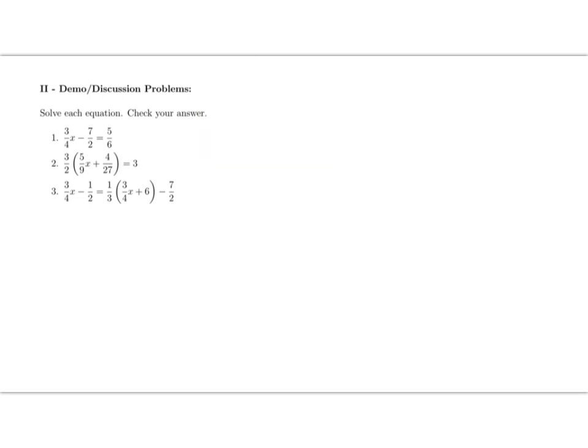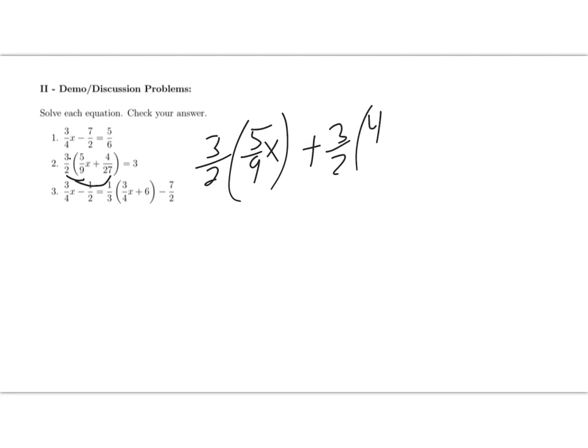This second example here, typically we multiply by the LCD at first, but here, since we have multiplication, the entire left-hand side is being grouped together and multiplied by 3/2, I'm going to recommend that we multiply this out first, meaning distribute the 3/2. 3/2 is going to be multiplied by 5/9 x, and the 3/2 is going to be multiplied by 4/27.